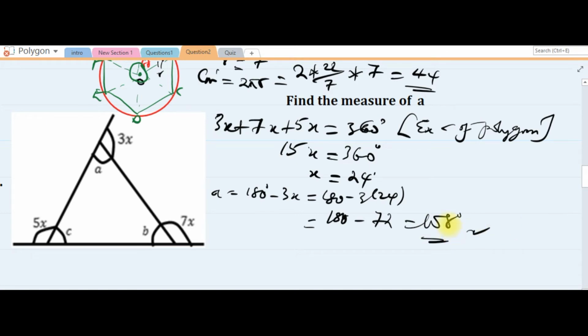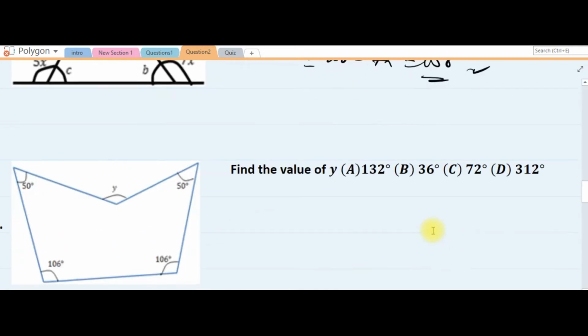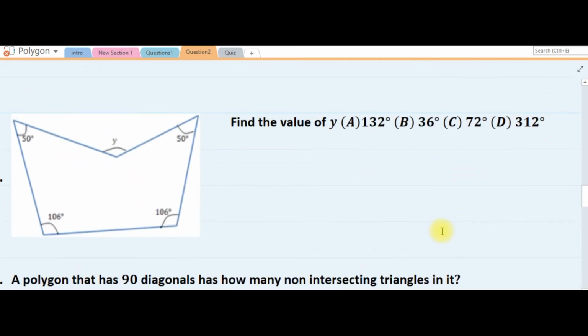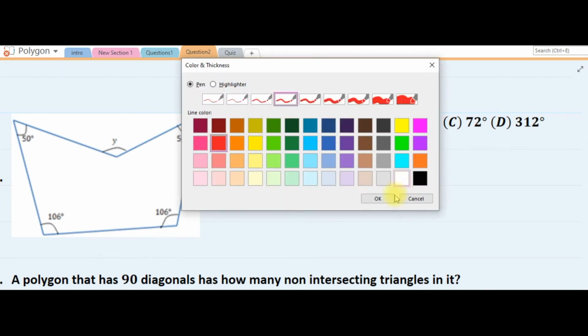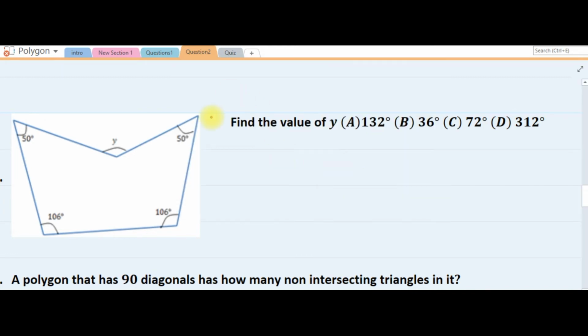So A must be 108 degrees. So the next question, we are given this diagram, we are asked to find the value of y.